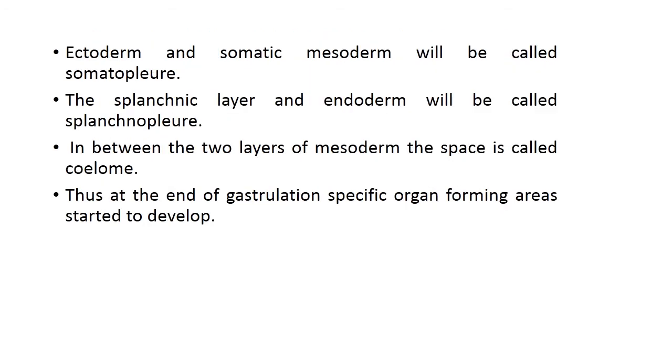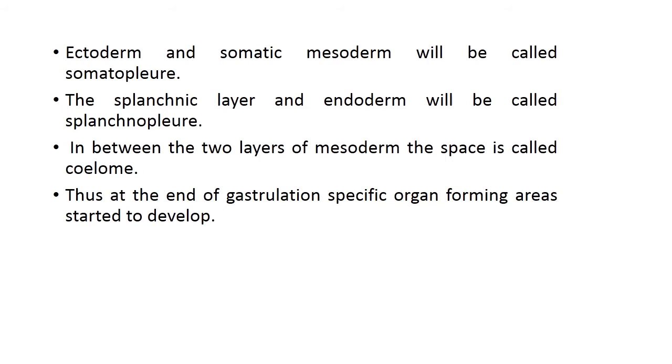Later, the ectoderm plus somatic mesoderm is called somatopleure. And the splanchnic layer or the visceral layer and the endoderm together is what is called splanchnopleure.